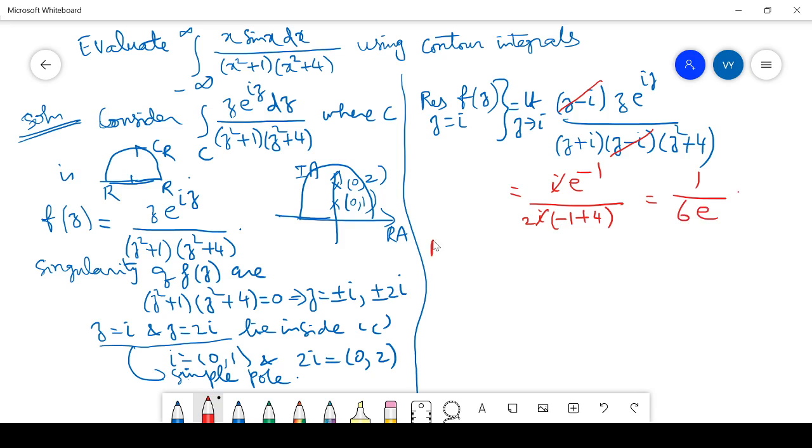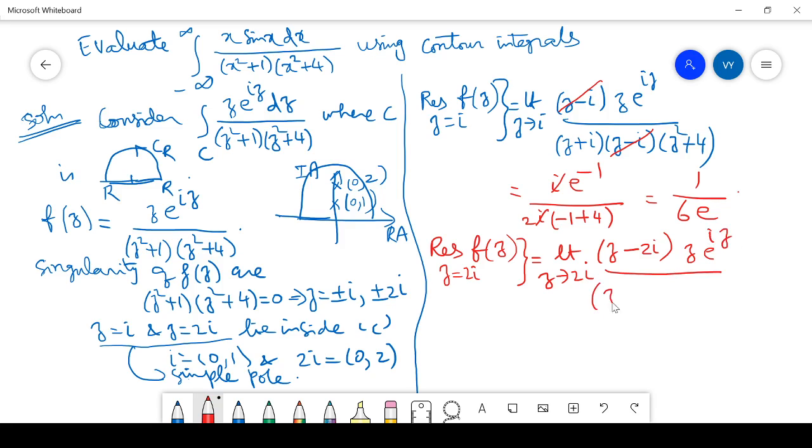Okay. So I'll have 1 by 6e. And similarly, the residue of f of z at z equal to 2i will be the limit z tending to 2i of (z minus 2i) into z e power iz by (z squared plus 1) into (z minus 2i) into (z plus 2i).